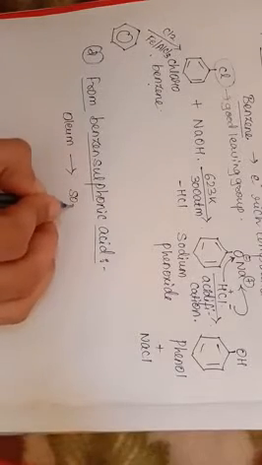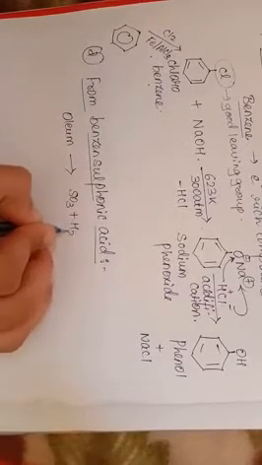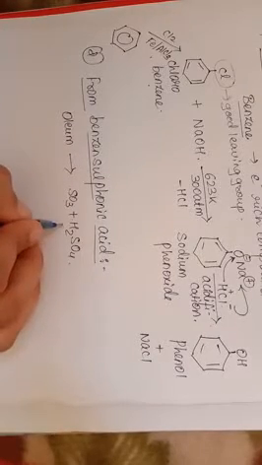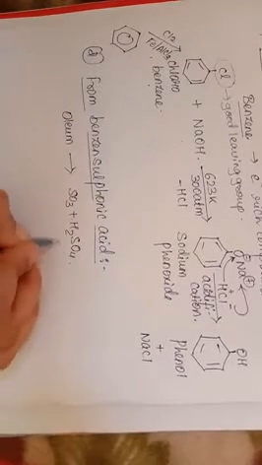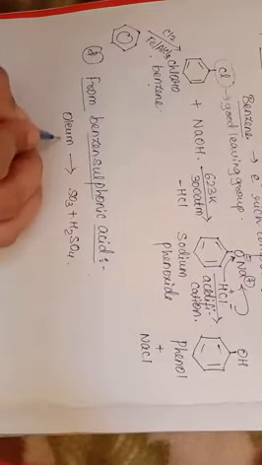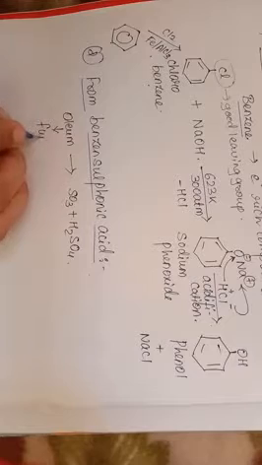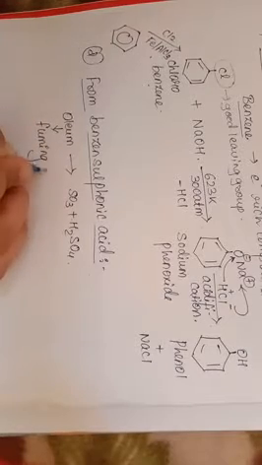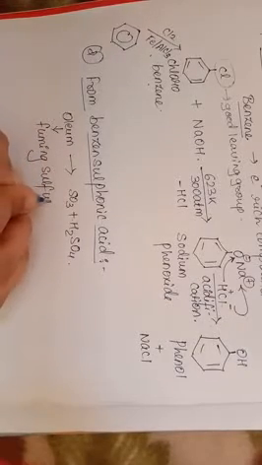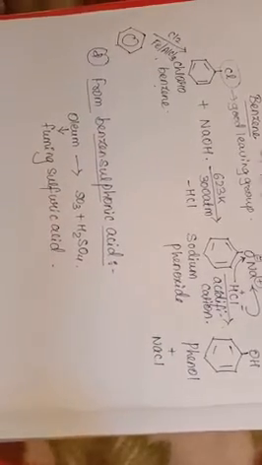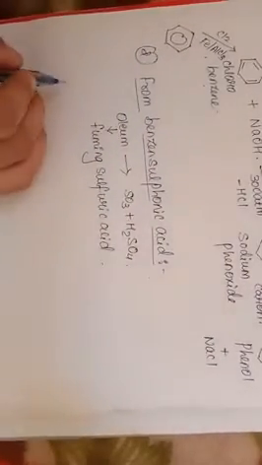So SO3 plus H2SO4. This is sulfur trioxide in presence of sulfuric acid. The mixture is known as oleum. This is also known as fuming sulfuric acid.